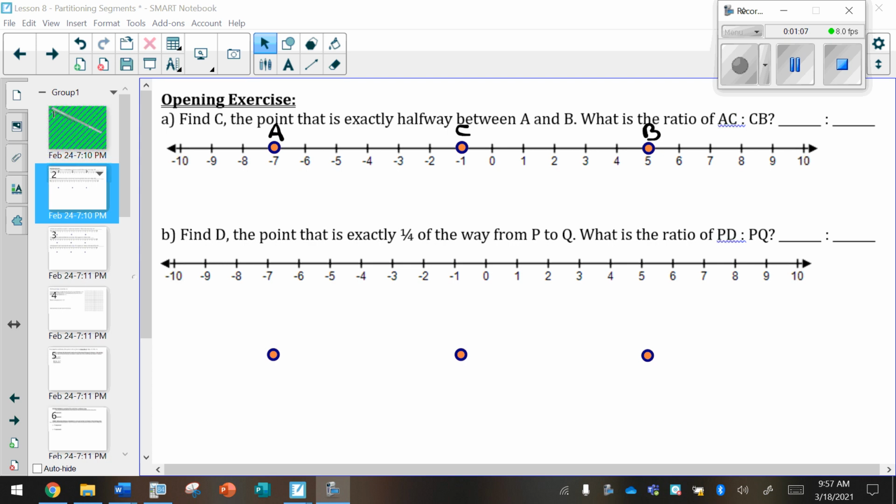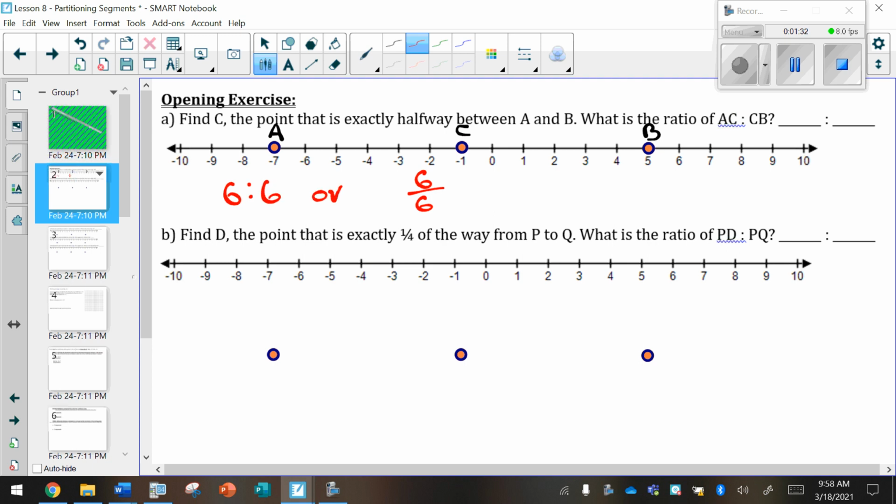So technically what we have here from A to C, 1, 2, 3, 4, 5, 6, would be 6 units. So to start with, our ratio AC is 6. And then from C to B, 1, 2, 3, 4, 5, 6 again. When you write a ratio, remember that you can write it with a colon, 6 to 6, or write it as a fraction, 6/6.